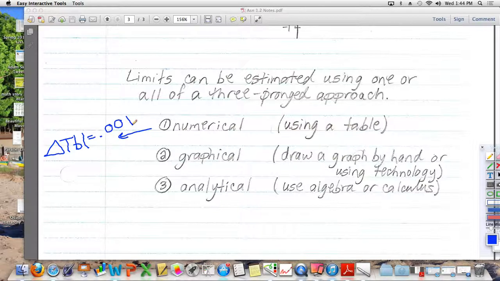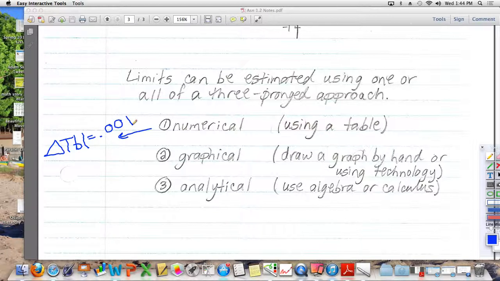If that doesn't work, try something else. Try 0.00001, see what happens. You could also do it graphically. That means draw a graph, either do it by hand or look on your calculator. And then the third approach is to do it analytically, which means you're just using algebra or calculus when you have a little bit better handle on what calculus is.